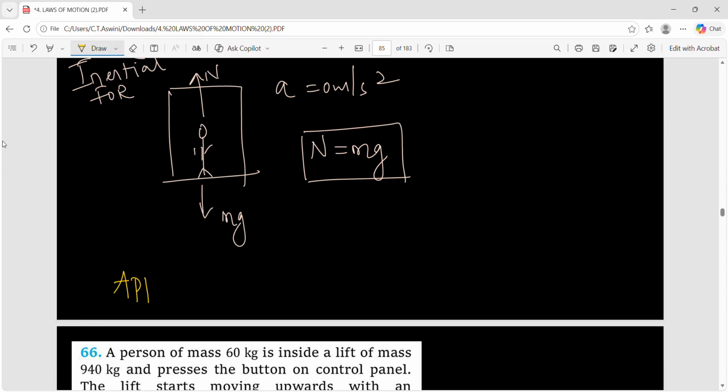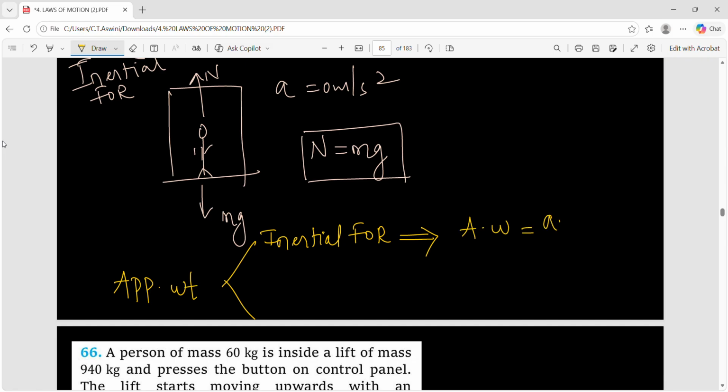So if you take the concept of apparent weight, when you take inertial frame of reference, it means the frame of reference is not moving. Then what will be the apparent weight? It's nothing but the actual weight of the person. He will feel his actual weight, okay?